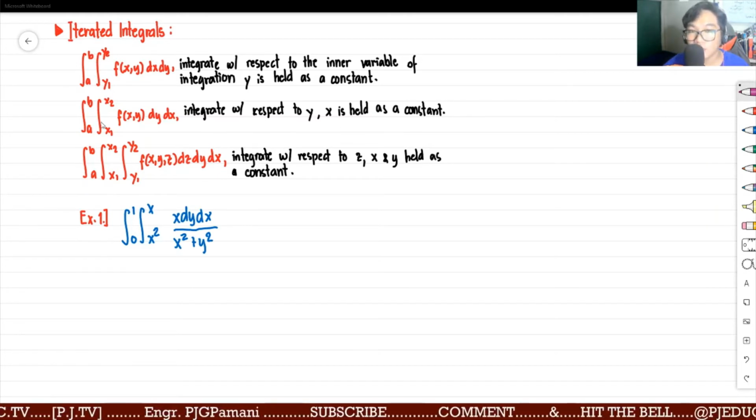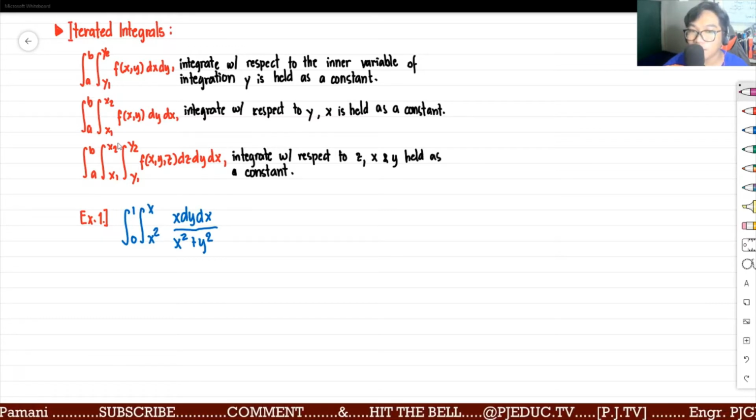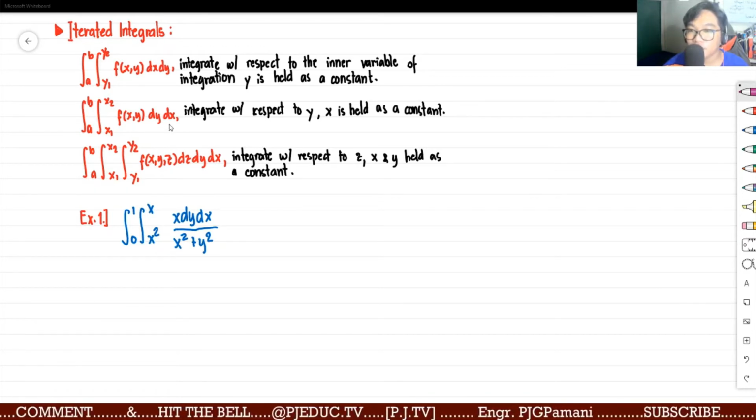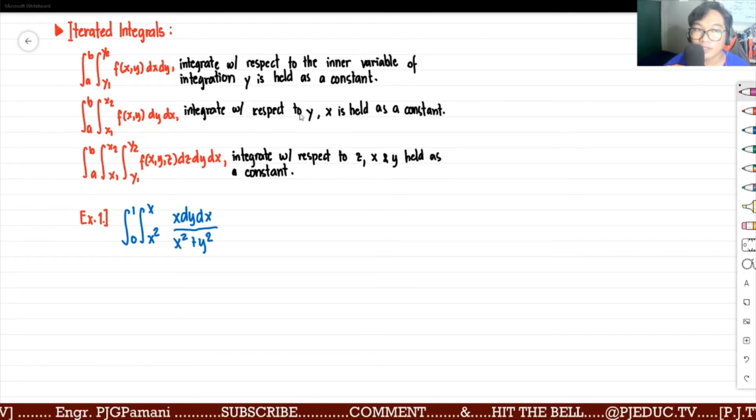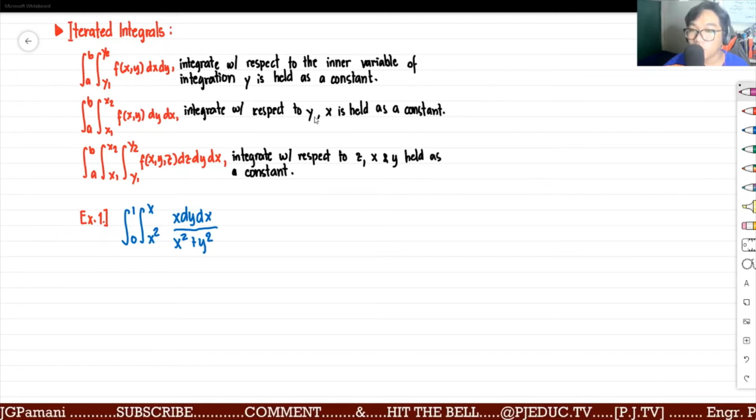Then same goes with this second one, integral of a to b and the integral of x1 to x2 of the functions of x and y with the differentials of y and the differential of x. We'll then have to integrate first the given integrand with respect to y variable, such that other than y variable, x will be considered as constant.